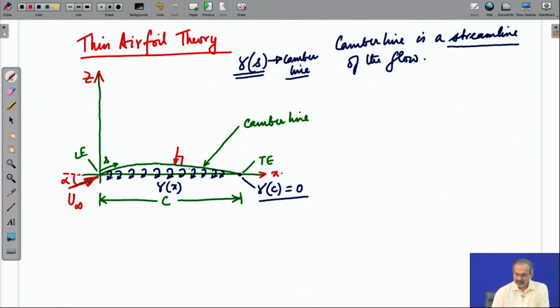Now, strictly speaking, this should be normal to the camber line, and we would therefore mark it as w suffix n s. So, it is not exactly the z component, but the one which is normal to the surface. And remember that at the same location x, if it is on the chord line, it will boil down to finding precisely w at x, because that will be exactly aligned along the z direction.